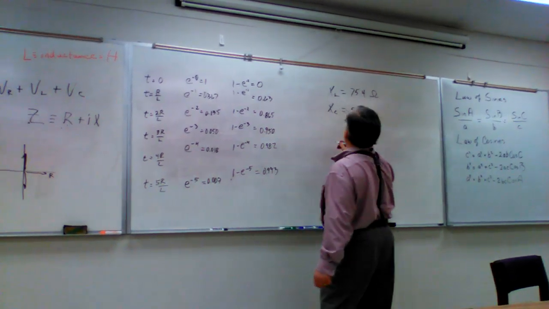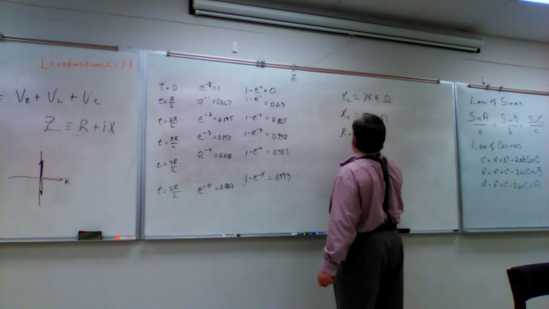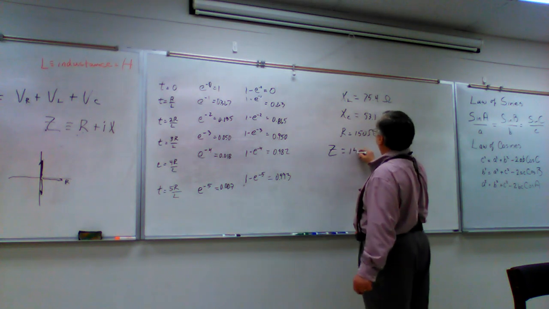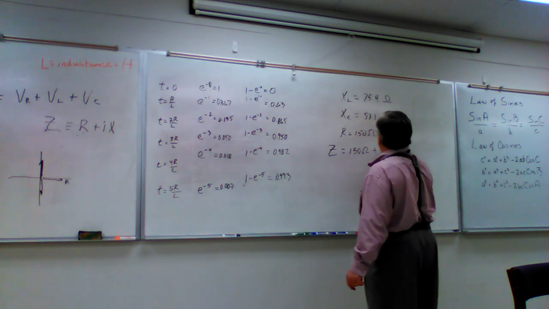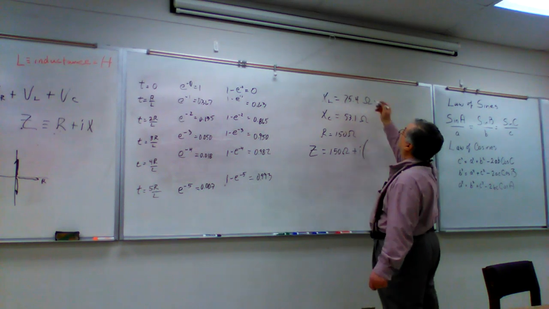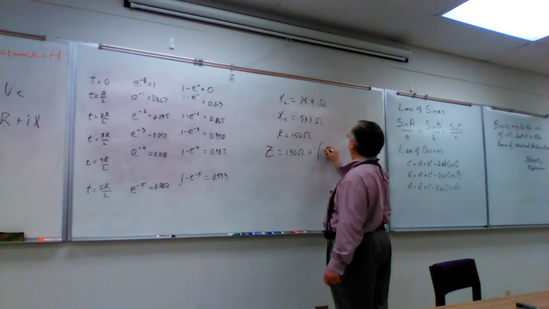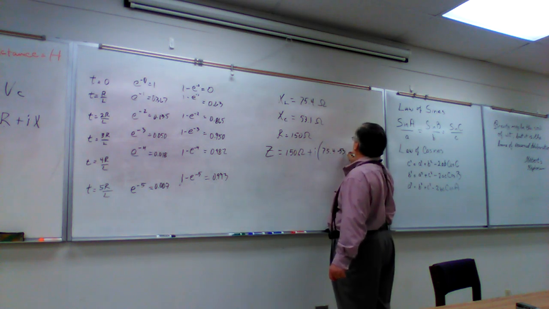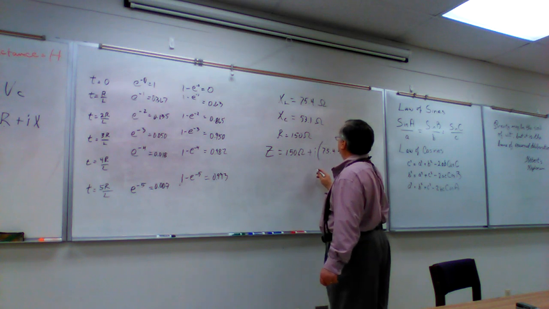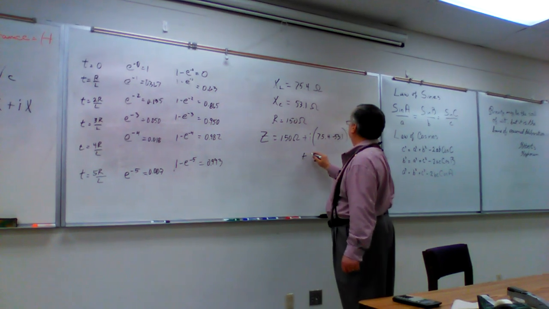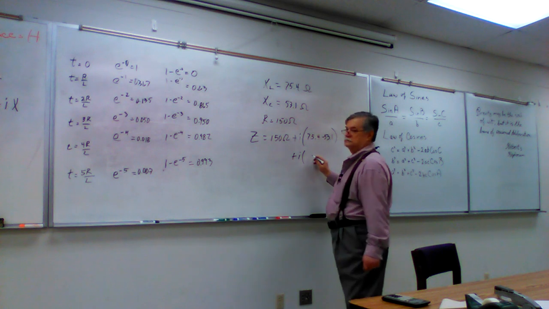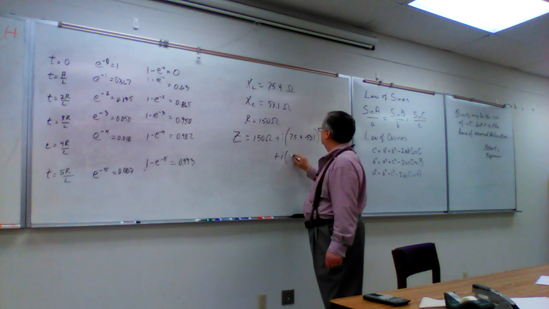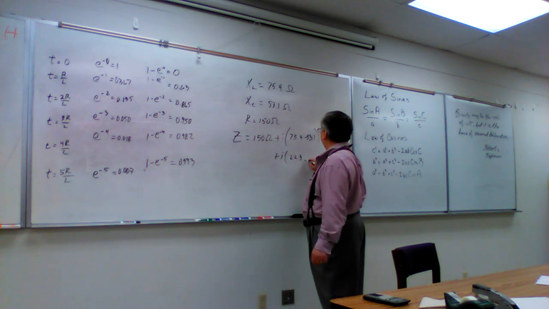We've got 150 ohms resistance. So our total impedance is 150 ohms plus I times plus 75.4 minus 53.1. What's that net? 22.3 ohms.